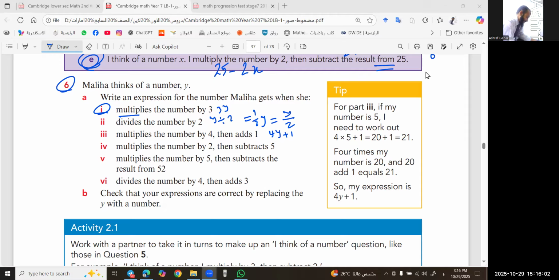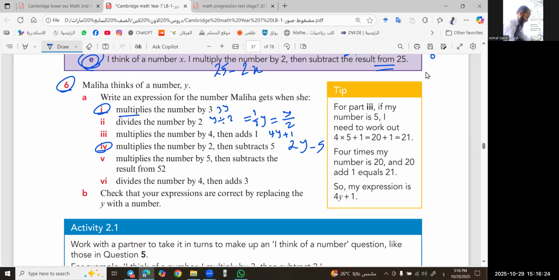Yes. 5. Multiplies the number by 5, then subtracts the result from 2. Here we write what first, as in number 4? Multiply the number by 2, so we write 2y, then subtract 5, so minus 5.